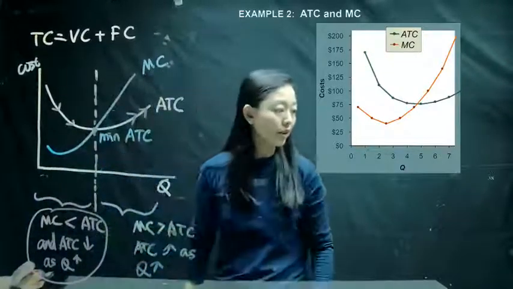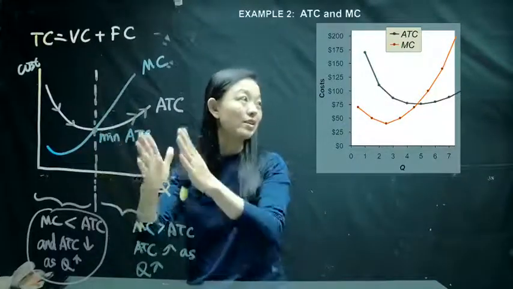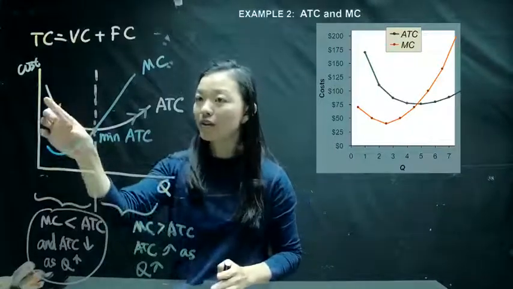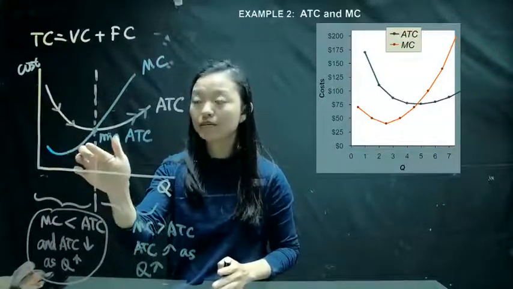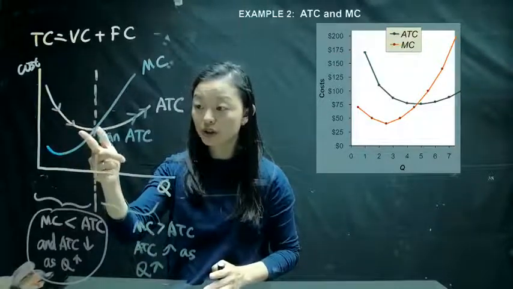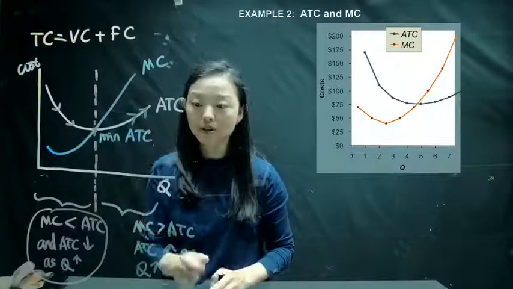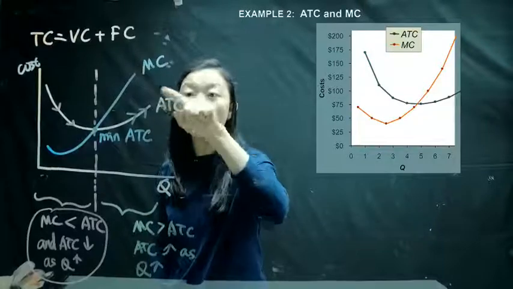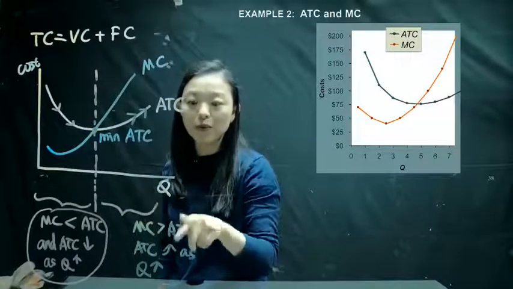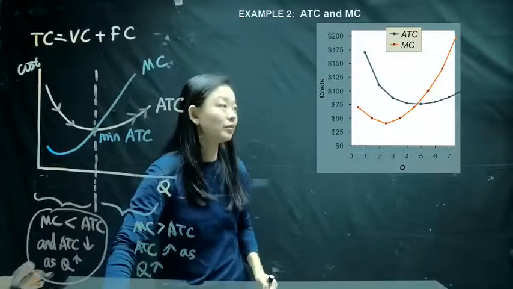This minimum point divides the graph into two parts. On the left-hand side, average total cost is above marginal cost, which means average total cost decreases as output increases. However, on the right-hand side of this minimum point, marginal cost is above average total cost, and it tells us that with more output, the average total cost will increase.